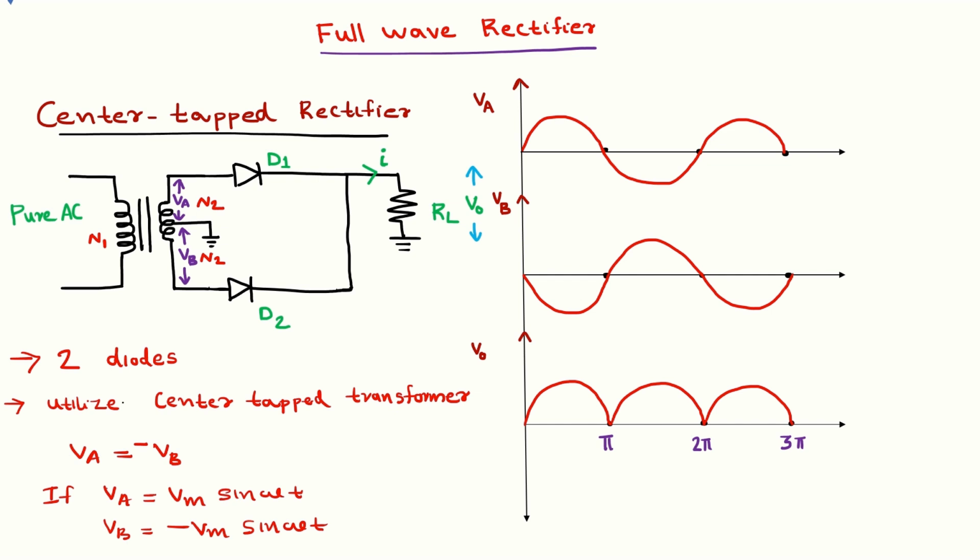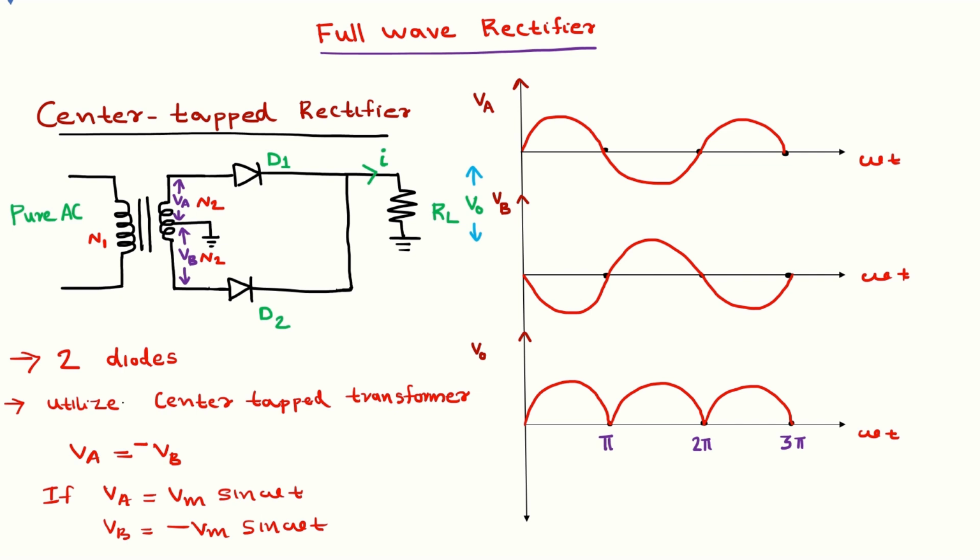First is VA. VA is a pure AC signal in the form of a sinusoidal. This axis is omega t, and this is also omega t. Then VA and VB are equal in magnitude but opposite in polarity. That is why VB is drawn as the opposite shape of VA.